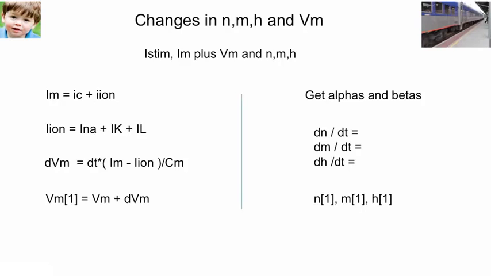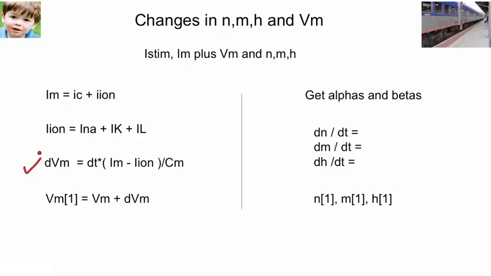Well, saying again what we've said already, what we will do is first we will compute dVm according to this equation. dVm is dt times the membrane current minus the ionic current, divided by Cm.